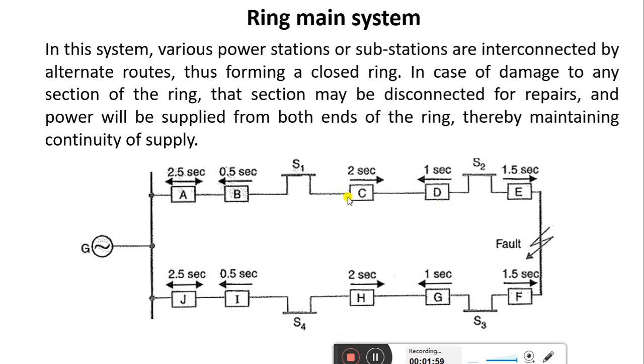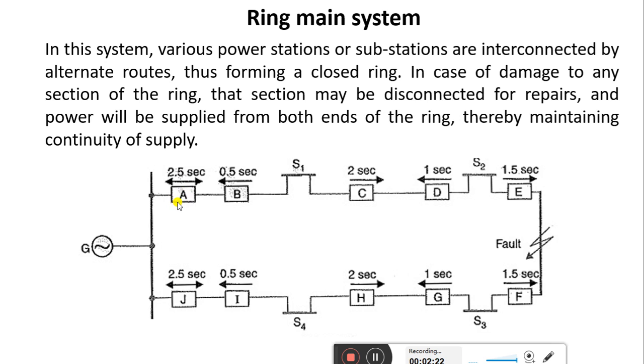So let us clarify why these direction arrows are shown on these circuit breakers. The arrows showing in both directions, as in the case of A and J, are called non-directional relays.